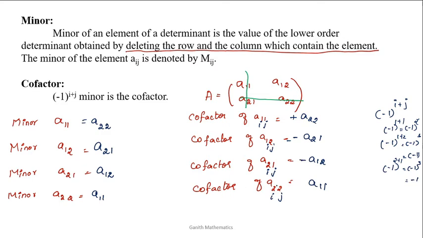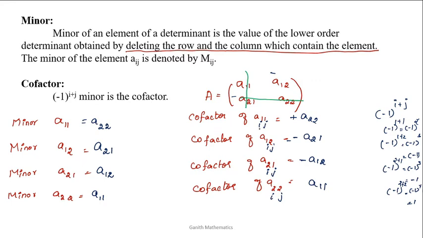And for the cofactor of A22, minus 1 to the power 2 plus 2, that is minus 1 to the power 4, so it is positive, 1. So now we know that these two values are negative and the remaining values are positive. When you find the cofactor and minor, you have to eliminate the corresponding row and column, right?